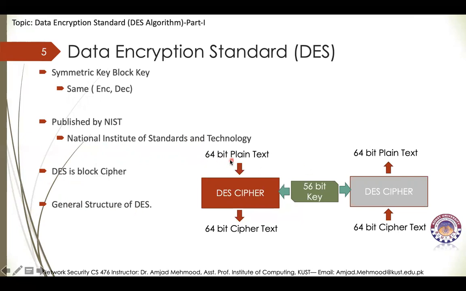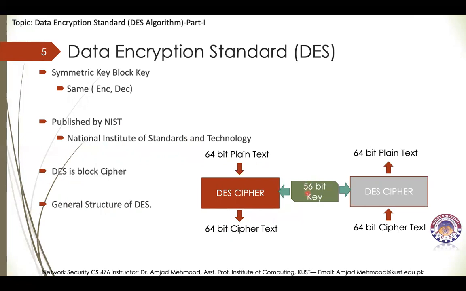You can see here you will be passing 64-bit plain text to the DES, and it will convert it to 64-bit ciphertext, and a 56-bit key will be used.